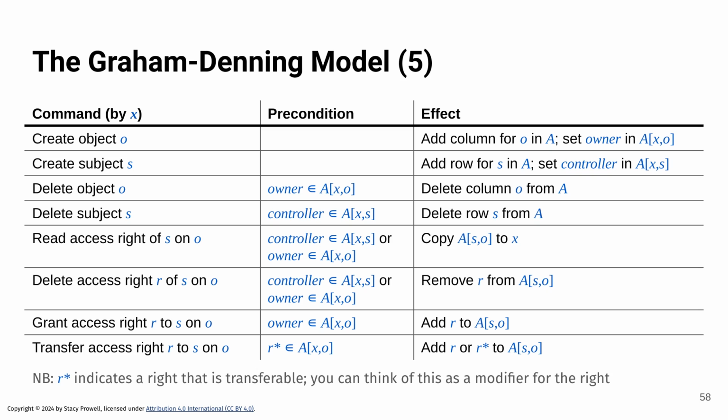So X is me, O is the object. If I find it, then I can transfer either R or R star. I can add either one of those to your entry in the matrix for that object. So I have a transferable right, and I can give you just the right, or I can give you a transferable version of the right that you could transfer onto someone else. Hope that makes sense.